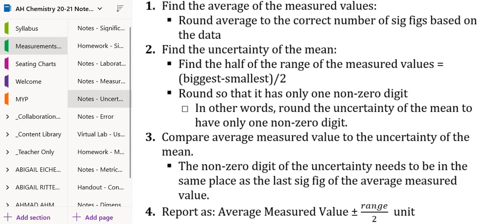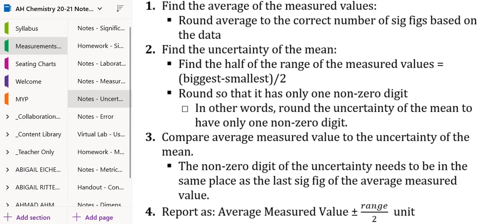Remember, at the very beginning of uncertainty, there were 2 rules we talked about with uncertainty. We said uncertainty values should have only one non-zero digit. Yes? And that uncertainty digit should be in the last significant figure for your measured value you're reporting. So those 2 rules, when we're finding uncertainty of the mean, that's where we really have to make sure we're following those. So, find the uncertainty, one non-zero digit in the uncertainty.